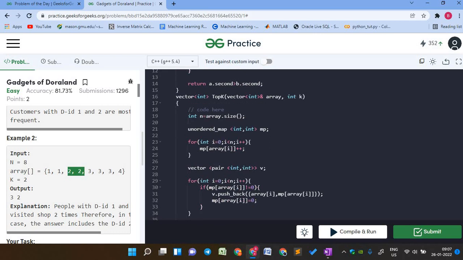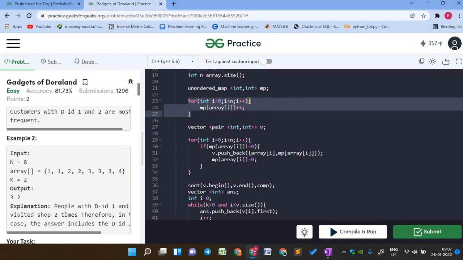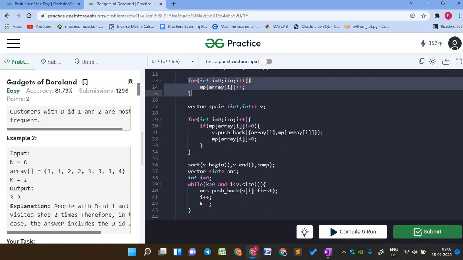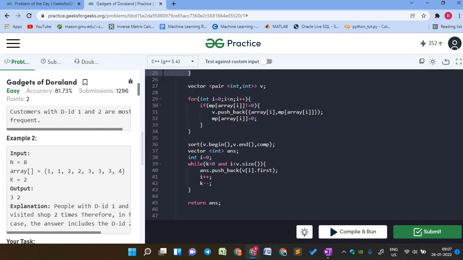First of all, I am taking the size of the array, and this is the part of counting the frequency of every element. After that, I push back the pair of that element and its frequency in the vector v. Then I sort according to the condition.